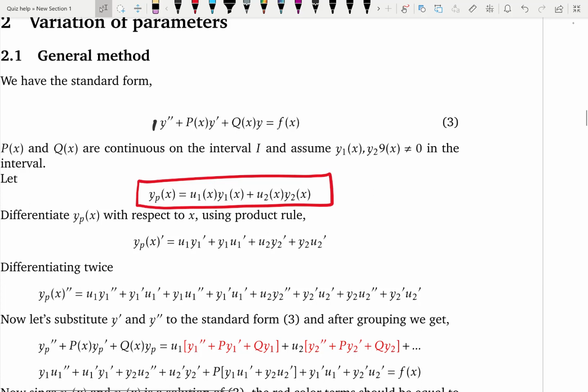In the method of undetermined coefficients, you had constants a, b, c, d and so on. But in the variation of parameters method, the difference is you will have unknown functions u1 and u2. They are functions, so our target is to find u1 and u2.